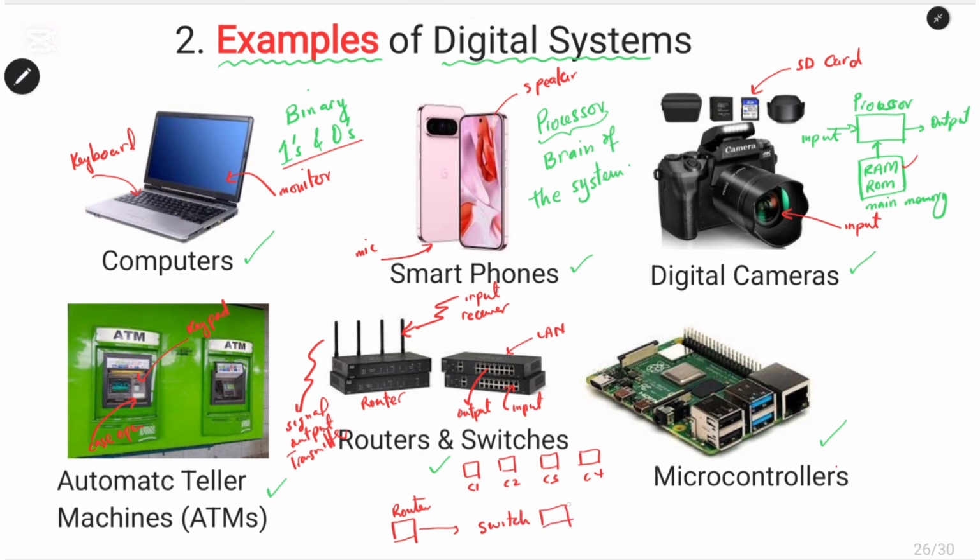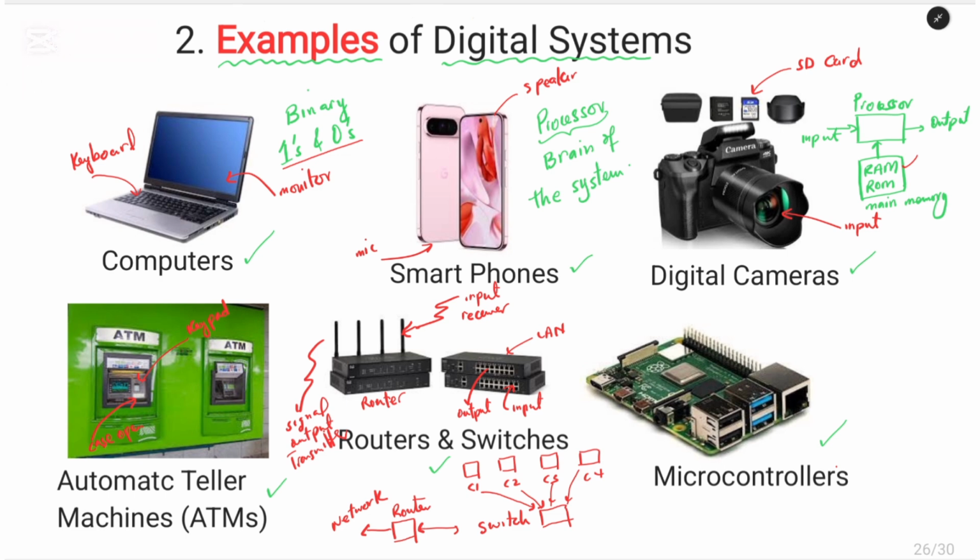So a switch has the capability to connect each of these computers together to a router, which is now connected to a network. So it is a bidirectional system in which it can transmit and receive information. So all of this can be regarded as a digital system because during the processing of the signal, they normally use binary.